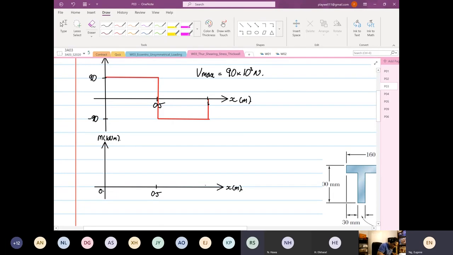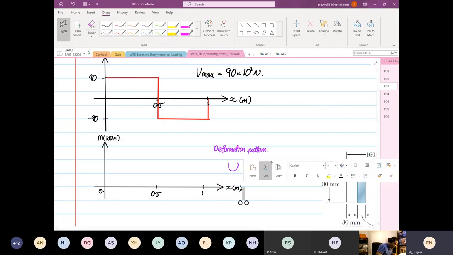Because it can be determined later during the analysis. Okay, so the reason is, when we have positive bending, what does positive bending mean? Positive bending means the deformation pattern is a smiling face.